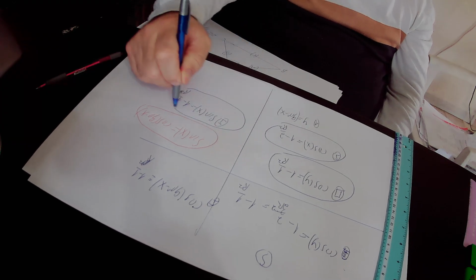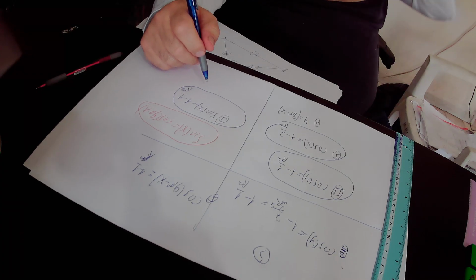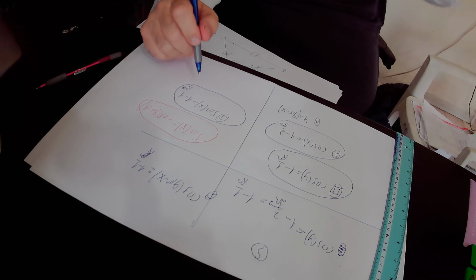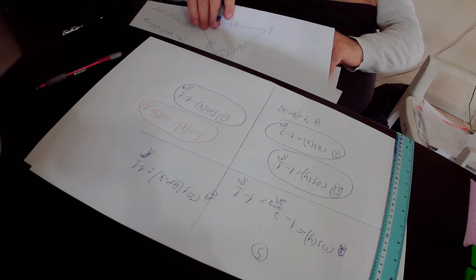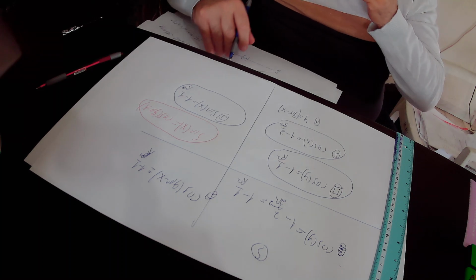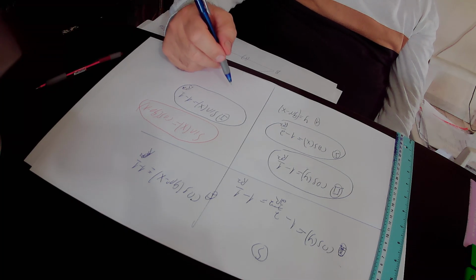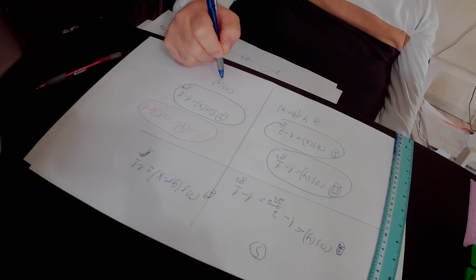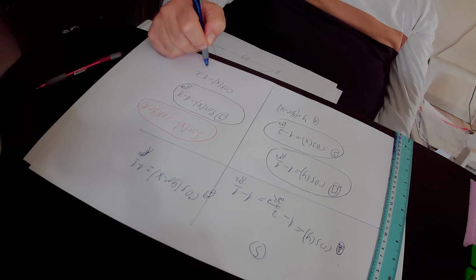This is according to equation 2, while according to equation 1, we have only found out that cosine X equals 1 minus 2 over R squared.